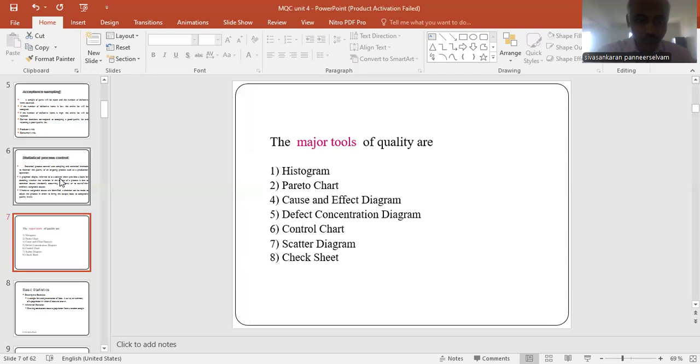These tools are used for descriptive statistics, say histogram, Pareto chart, cause and effect diagram, check sheet, scatter diagram, and control charts. These are the tools that are used for the descriptive mode of statistical analysis.